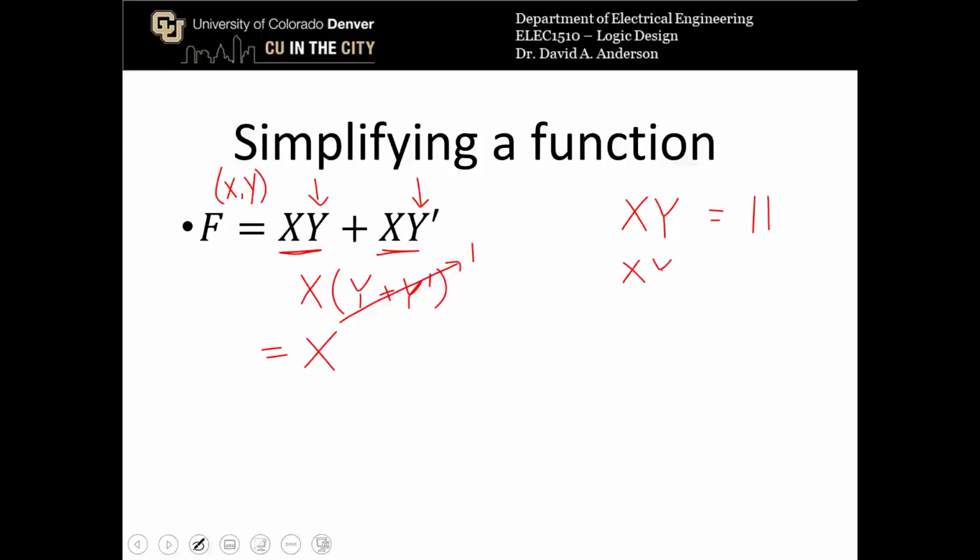X, y prime is minterm 2 for 1, 0. So the 1 is the same in these minterms, and the 1 and the 0 have changed in the second place. So there are 4 possible minterms: 0, 0 for minterm 0, 0, 1 for minterm 1, 1, 0 for minterm 2, and 1, 1 for minterm 3.